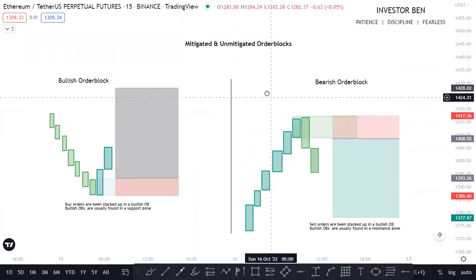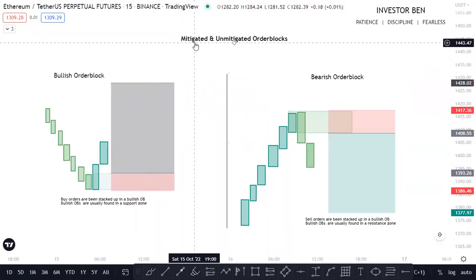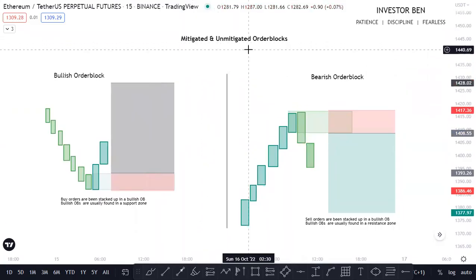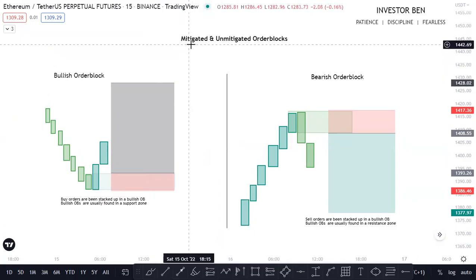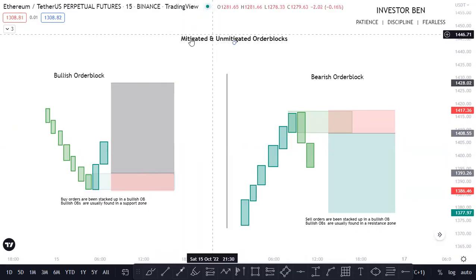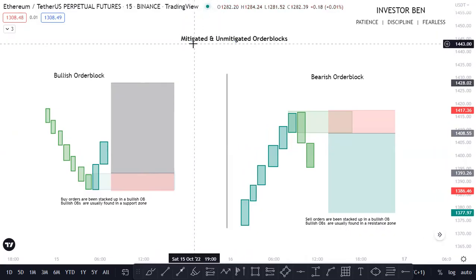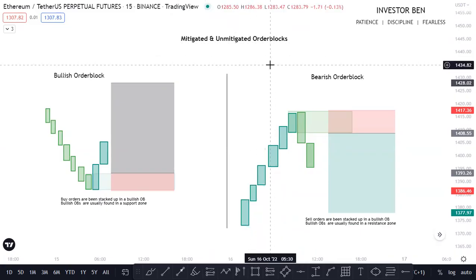So when we talk of mitigated order blocks, we are looking at order blocks that have been touched on, that have played, that have been used. And when we talk of unmitigated order blocks, we are looking at order blocks that have not yet been used.